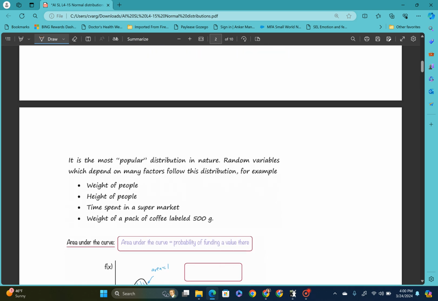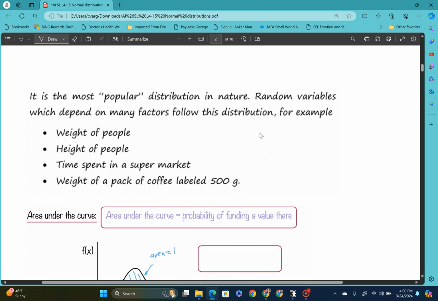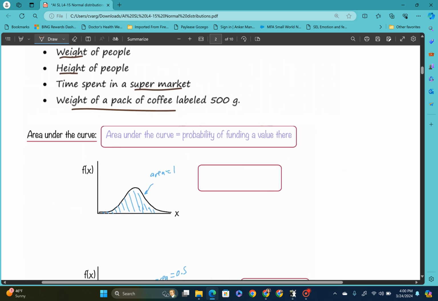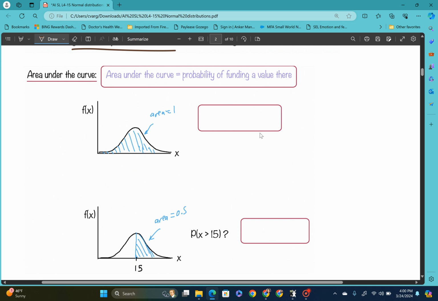All right. So it's the most popular distribution in nature. Like the weight of people, the height of people, the amount of time spent in a supermarket, the weight of a pack of coffee labeled 500 grams. These are some examples. The biggest thing to know is about the area under the curve, right? If they ask you what is the probability, they are finding the area under the curve. The whole thing, from the beginning of our curve to the end, is always going to add up to 1, okay?